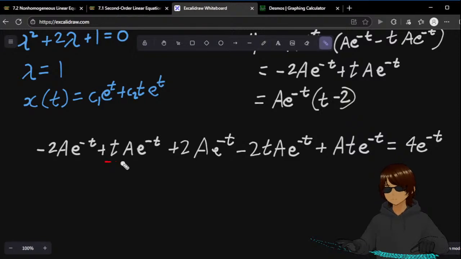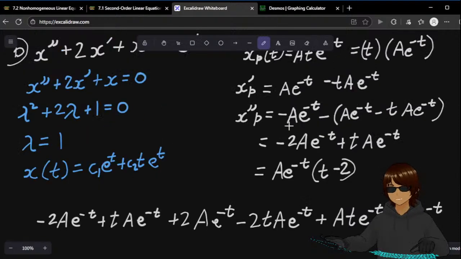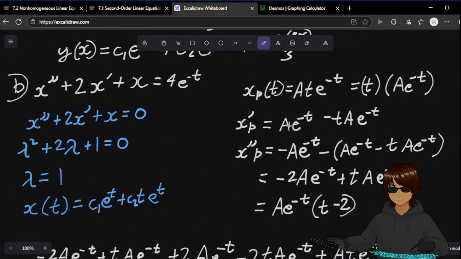So, hold on. This plus this will give 2a t e to the power of minus t, and then it cancels out with this over here. But this and this also cancel out, so we have made no progress. Okay, let me see what the issue is.